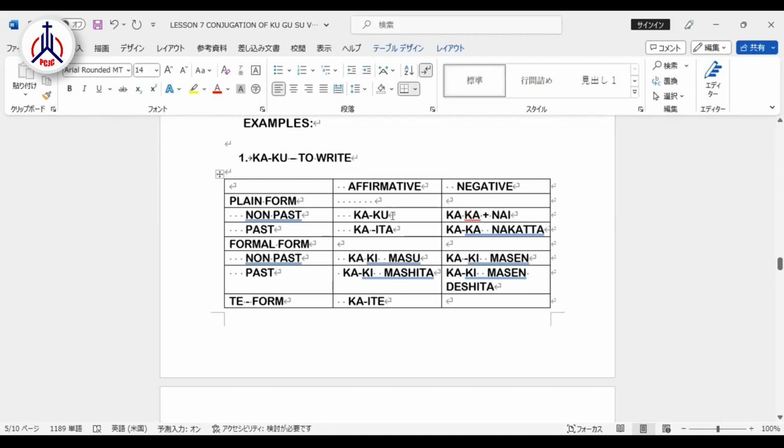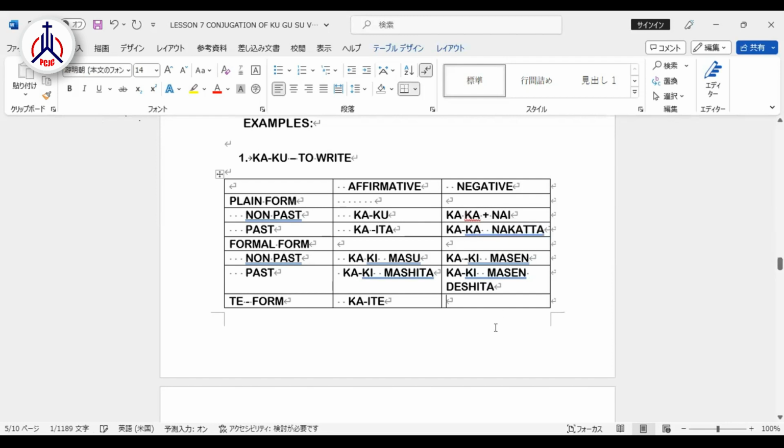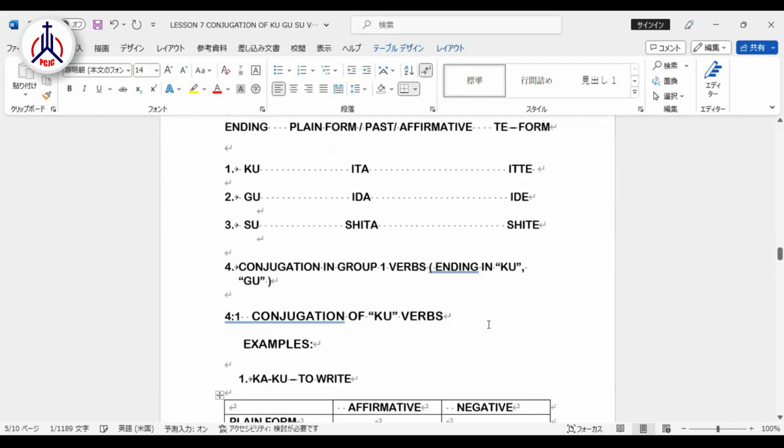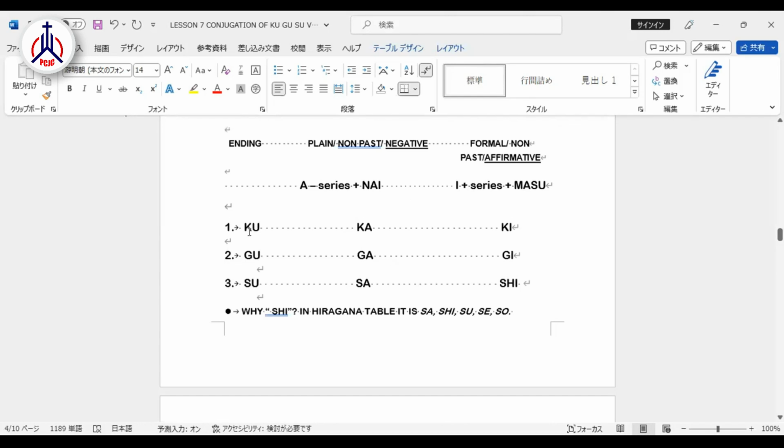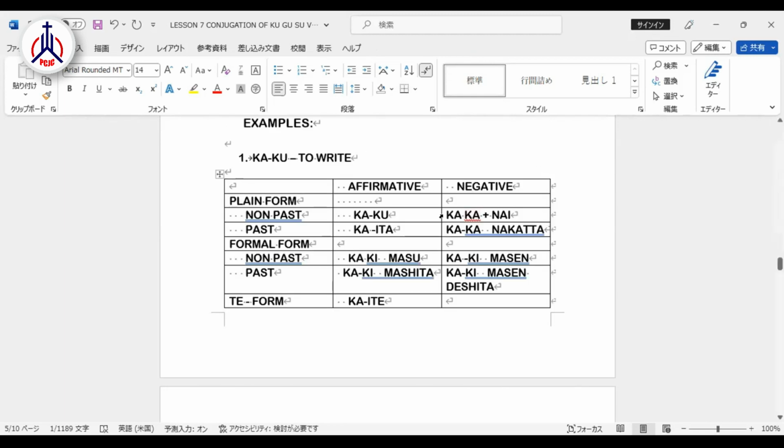You will not say kakunai. The ku will change to ka and then plus nai in the negative form. Understand? The negative form will not be written kakunai.